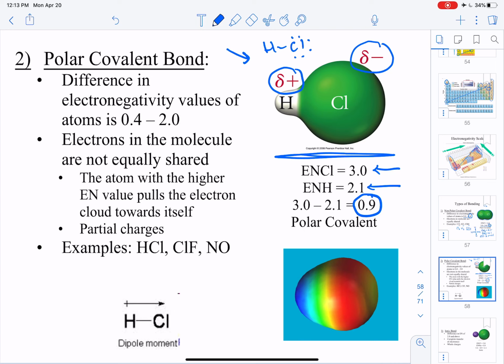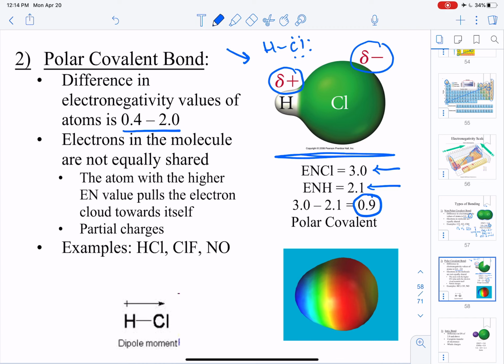Now over here it says that we have a difference in electronegativity values of 0.4 to 2.0 for polar covalent bonds. Now that should say greater than 0.4 because 0.4 exactly qualifies as nonpolar. And the 2.0 on the end has a little bit of wiggle room also.